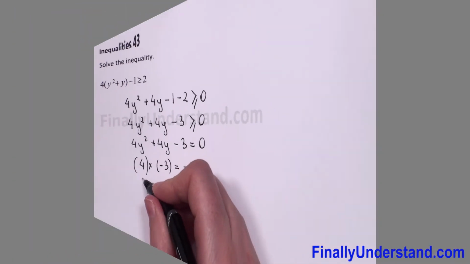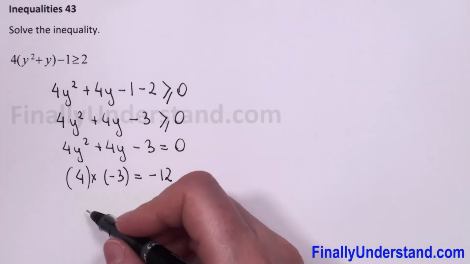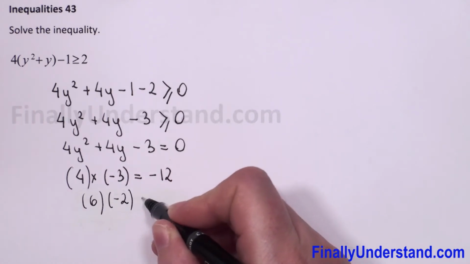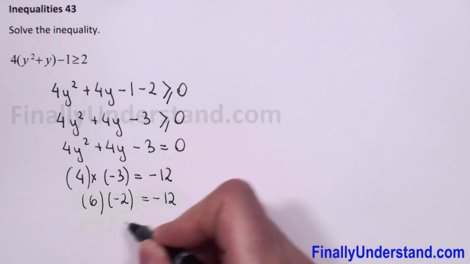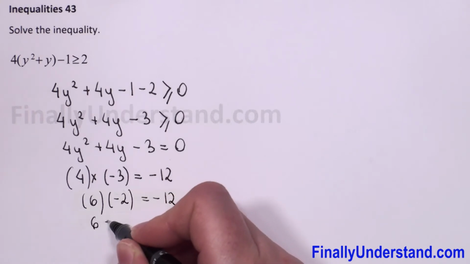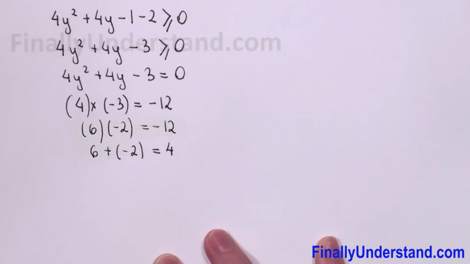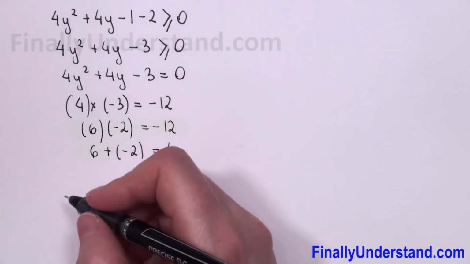It will be 6 and negative 2, because 6 times negative 2 will be negative 12, and 6 plus negative 2 will be 4.